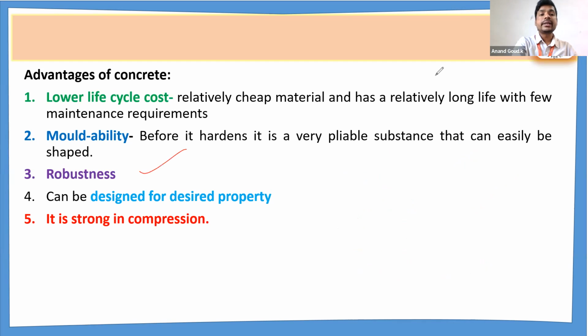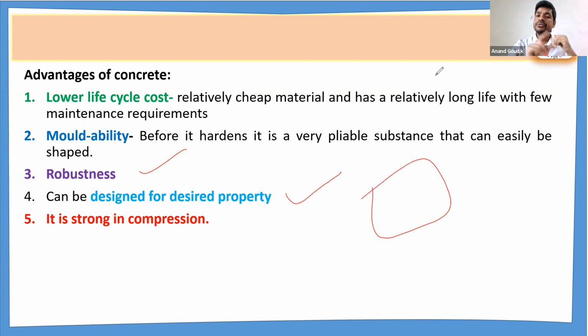The next one is that it can be designed for desired property. That means you cannot confine the strength of the concrete. You can increase the strength of the concrete by changing the proportions or by adding different materials. Suppose you take any wooden material. Say I have gone to the forest and sawn one tree into one shape.